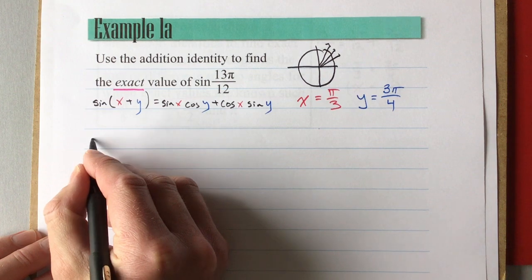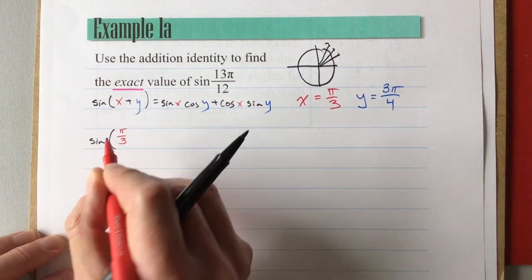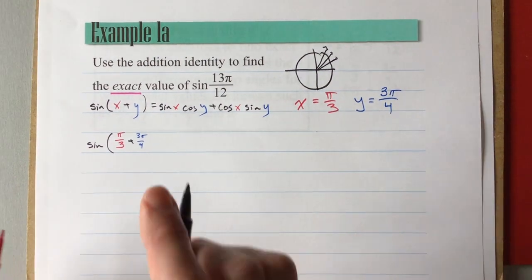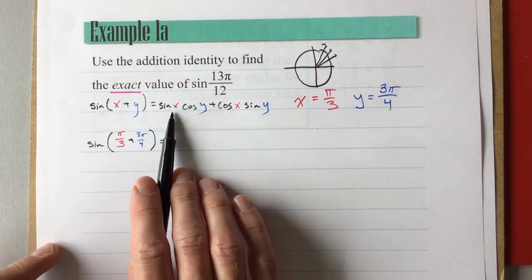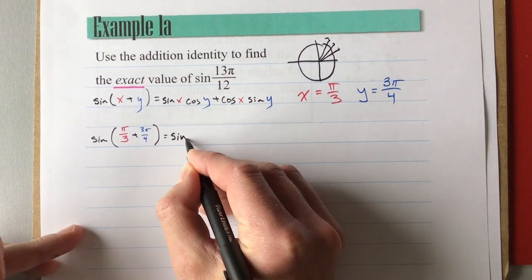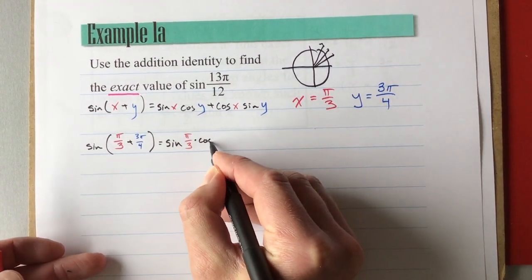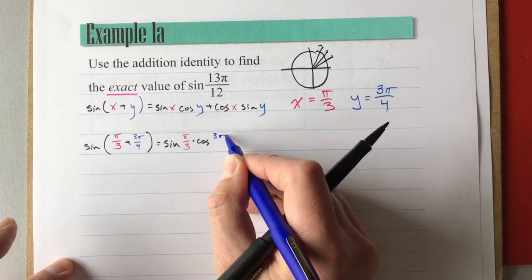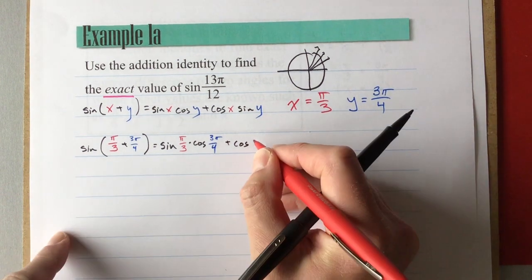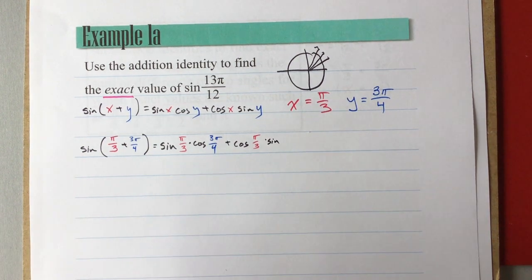Now I have found that 13 pi over 12 can be expressed as pi over 3 plus 3 pi over 4. And let's replace each x and y with those values. This becomes the sine of pi over 3 times the cosine of 3 pi over 4 plus the cosine of pi over 3 times the sine of 3 pi over 4.